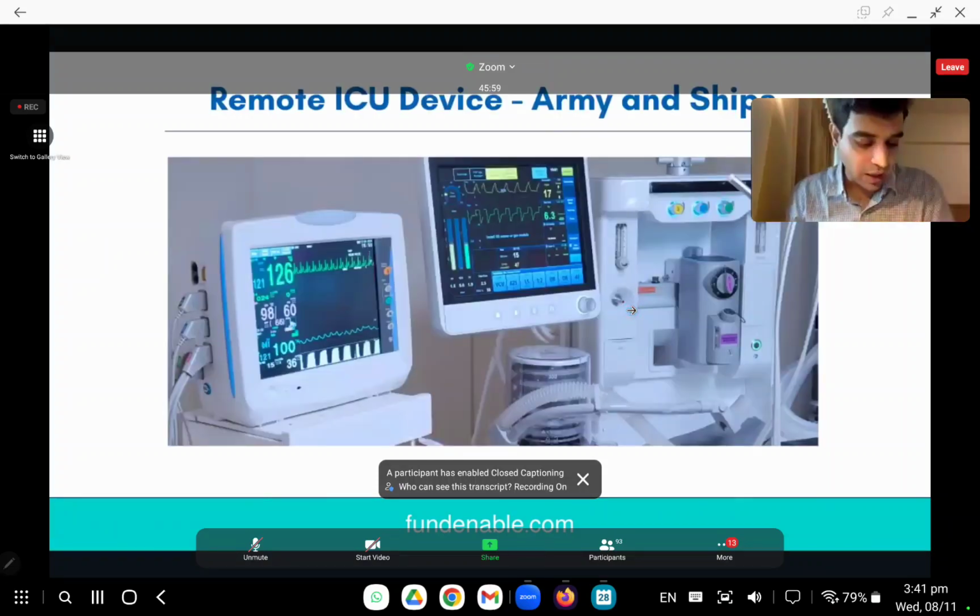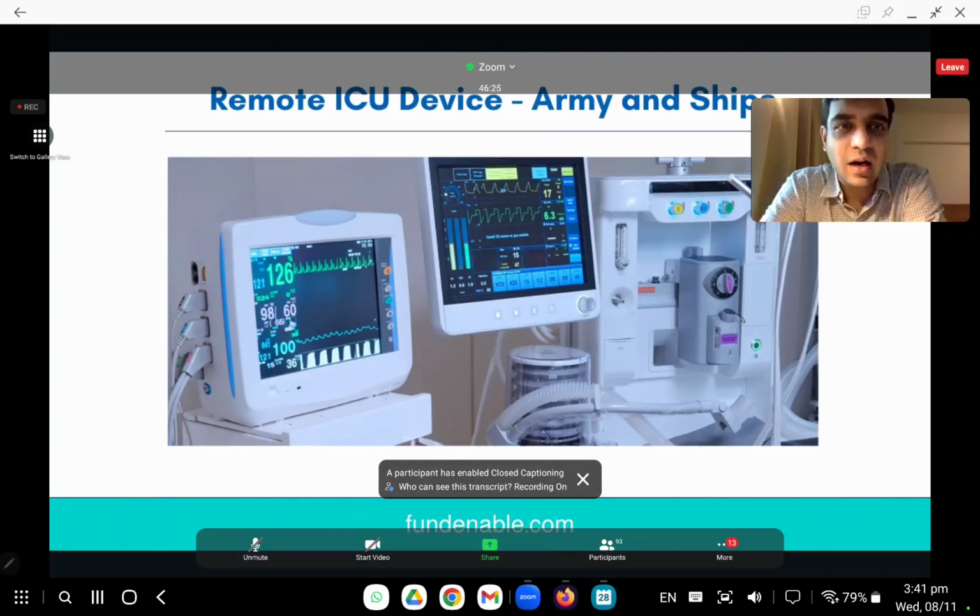Again, this is one very challenging investment that happened last year. So here is a medical device company. This company is basically using technology to create remote ICUs that do not need Wi-Fi or a SIM card for communication. Communication can happen through satellite.